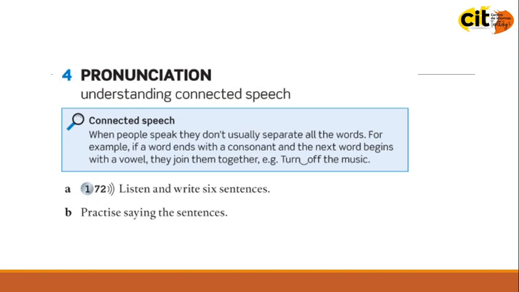For example, if a word ends with a consonant and the next word begins with a vowel, they join them together. For example, turn off the music. You are not going to listen to this phrase as separated words. You are going to listen probably to turn off. Okay? So listen and write 6 sentences and then practice saying the sentences, okay?